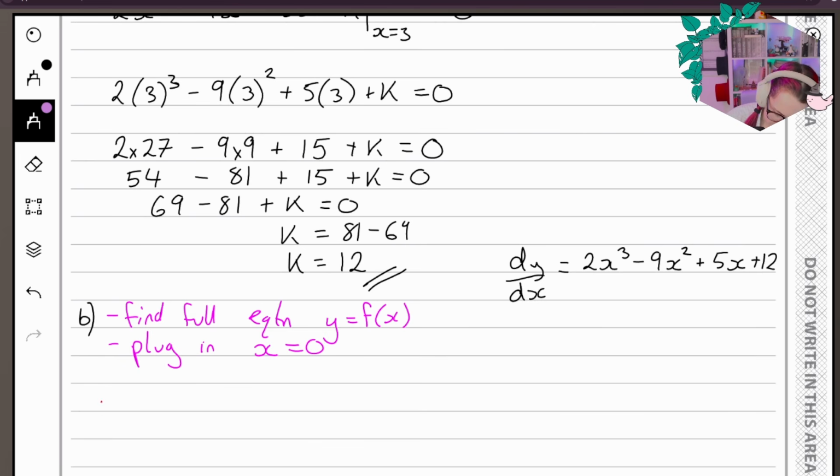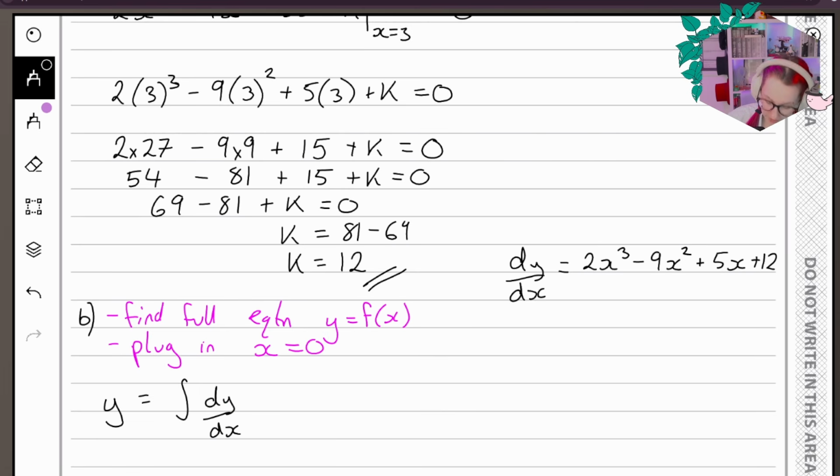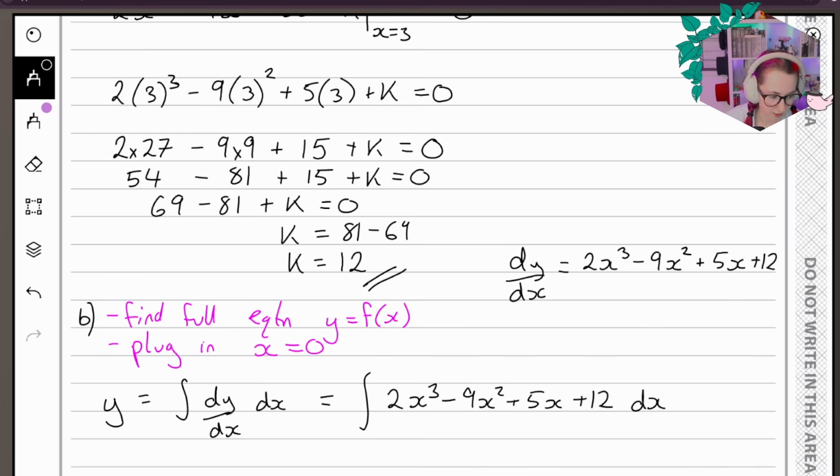So to find y, we need to integrate dy dx. Okay, so integrating dy dx is integrating 2x cubed minus 9x squared plus 5x plus 12 with respect to x. When we differentiate, we take the power down and multiply it and then subtract 1 from the power.